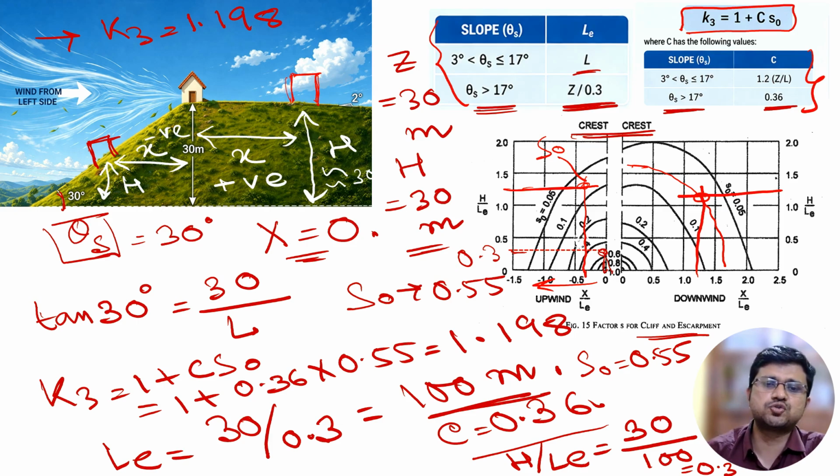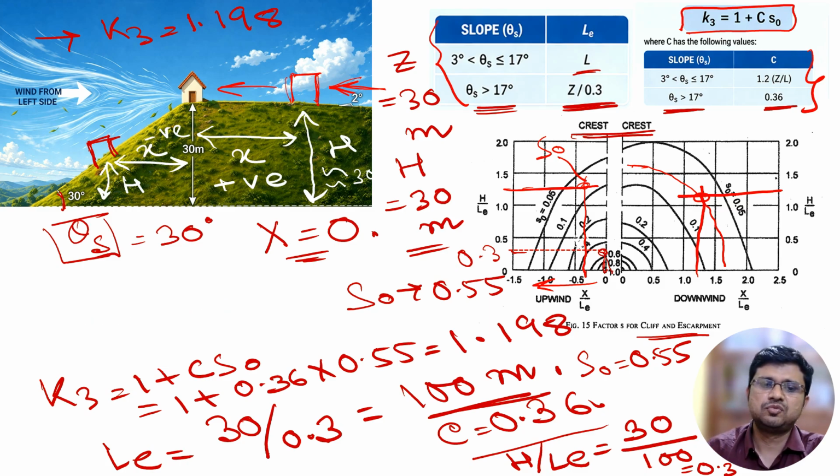Now one can also ask what will happen if the wind is coming from the right direction. Our building is located in this particular position and wind is coming from right. At that time we do not have to calculate the value of K3, because we know that we have to calculate the value of K3 when the ground slope is greater than 3 degree. But for one cliff or escarpment, this ground slope is less than 3 degree.